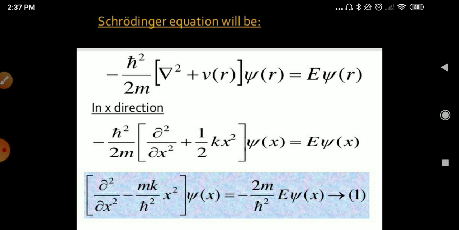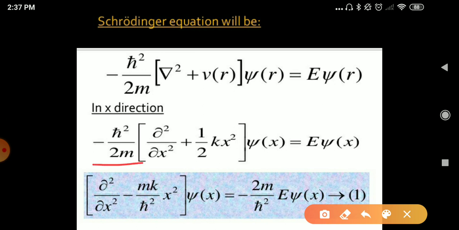If we write this equation with respect to x, we get minus h square by 2m del square by del x square, then we put the value of the potential from the above equation, 1 by 2 kx square, psi(x) equals E psi(x).